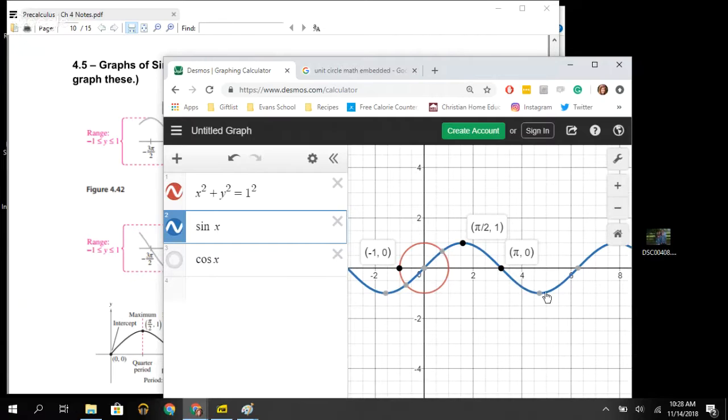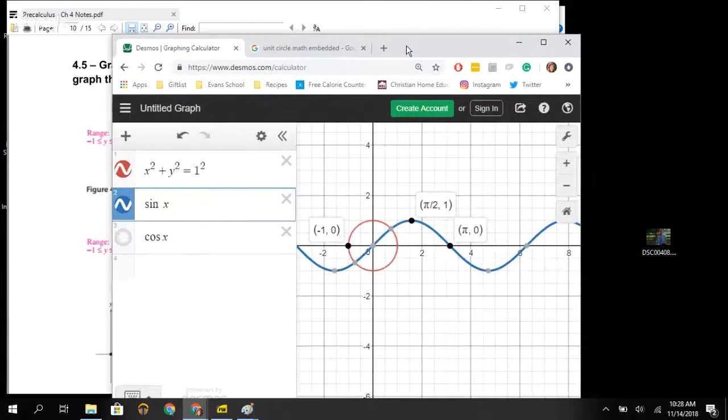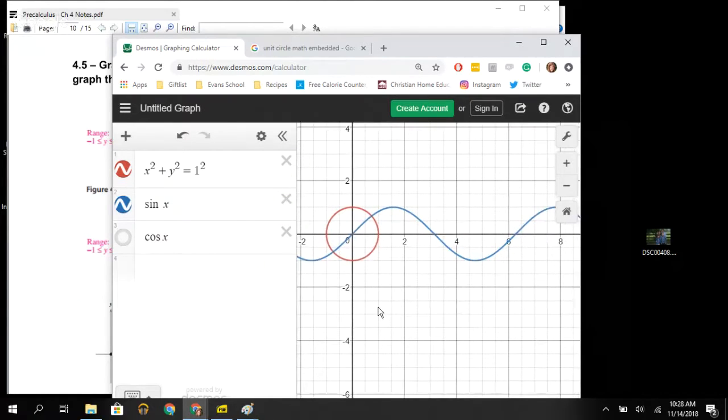And then so on, and it keeps going on. Hopefully that kind of makes sense as I explain it. I know it's a little bit hard. It's kind of cool to see how that unit circle basically rolls out the sine curve, right?